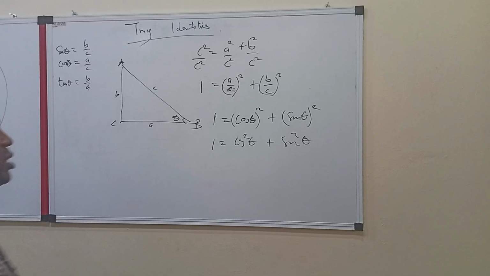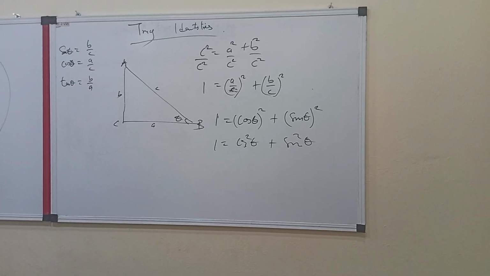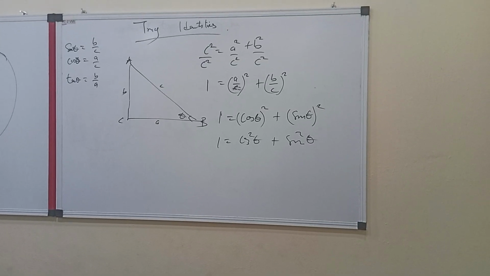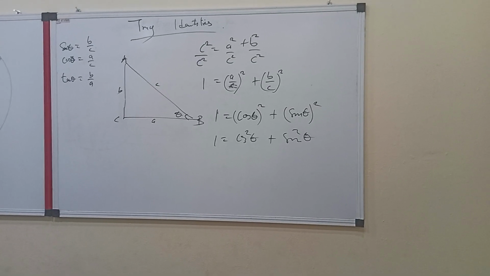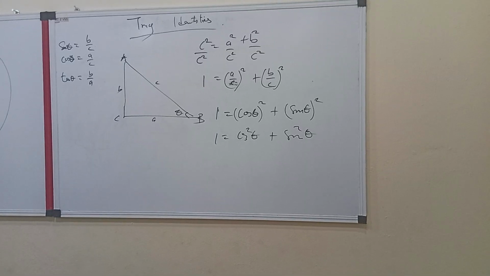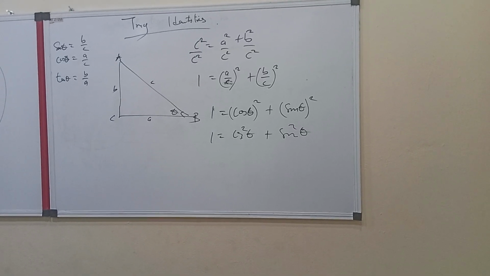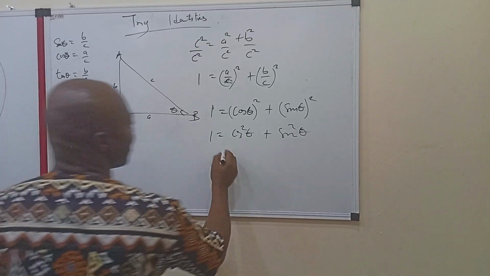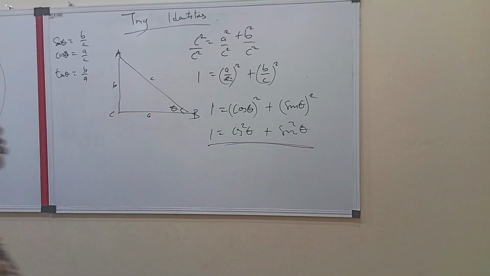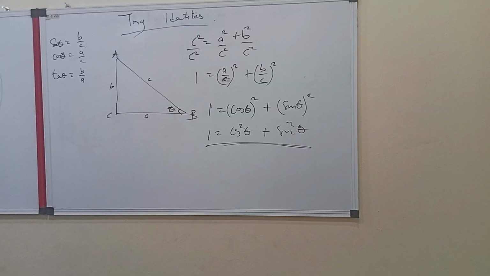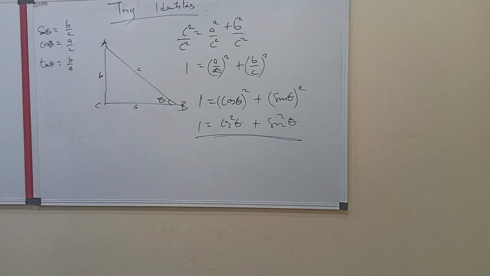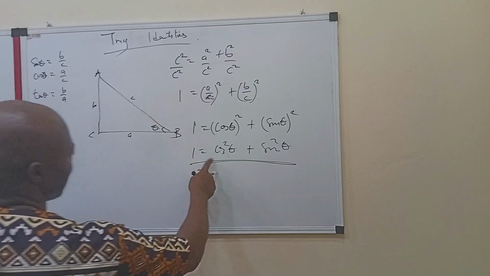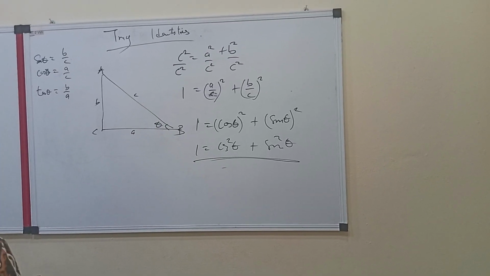So this one is the basic fundamental trigonometric identity that we have. Now, having said this, this expression here is very important. Let's try to divide this expression here by cos squared to see how it looks.